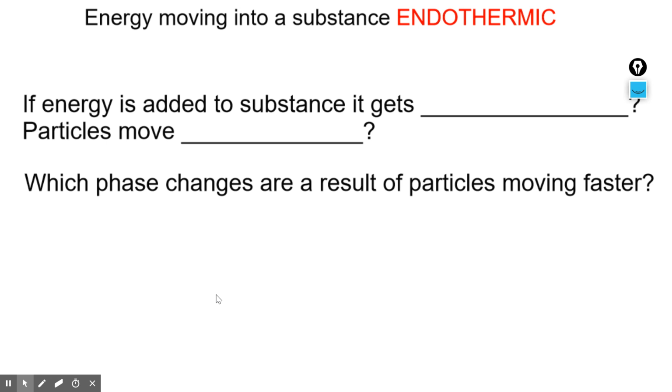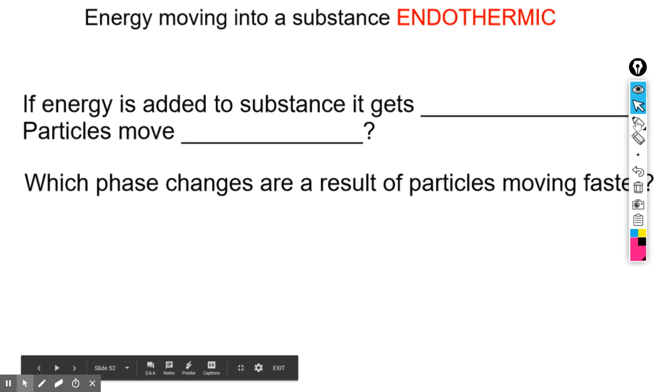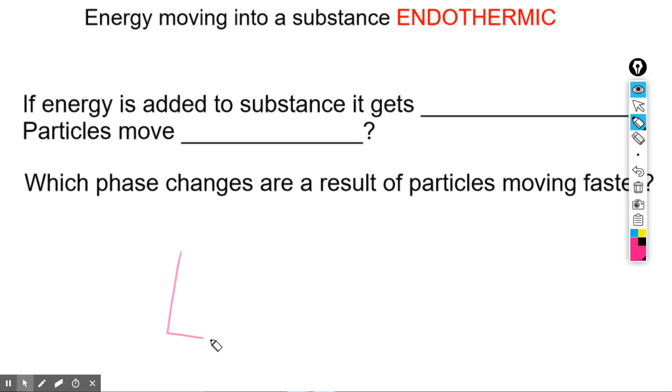Energy moving into a substance. So if we have energy moving into a substance, for example, a phase change where we've got a solid and we're going to put energy into this. Energy in, we're going to make the particles of this substance move faster.